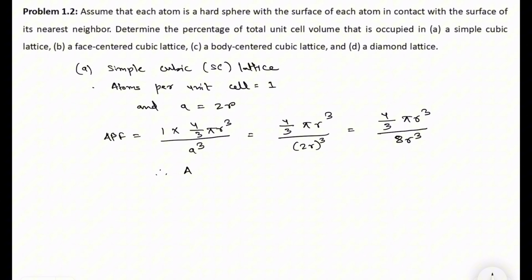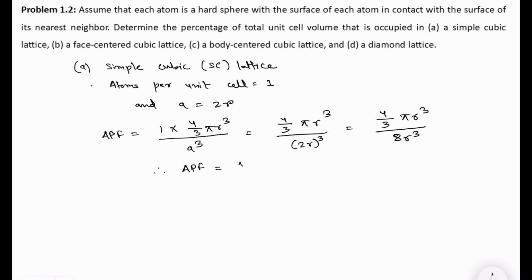Therefore, on solving this, we get APF equal to π/6, which is approximately equal to 0.5236, or it is 52.36%.